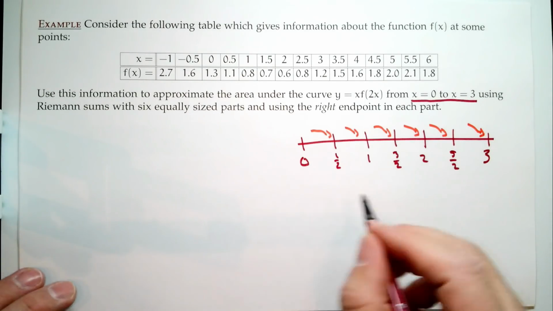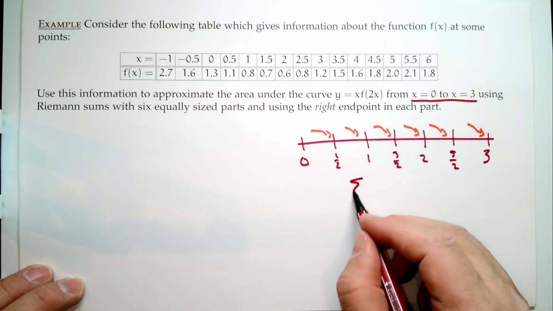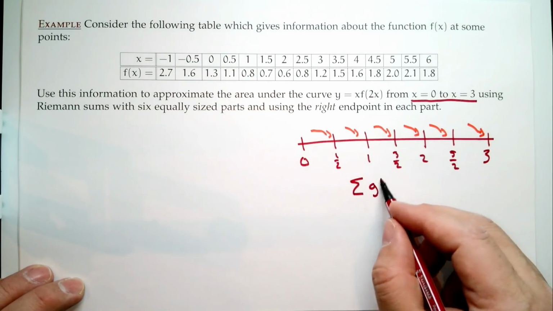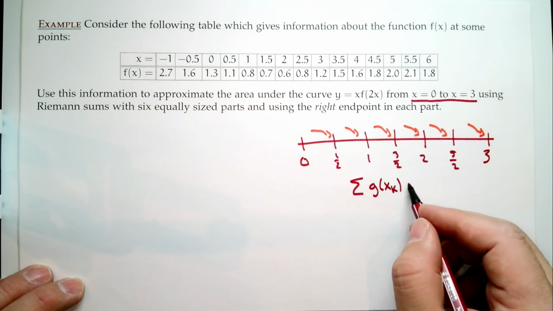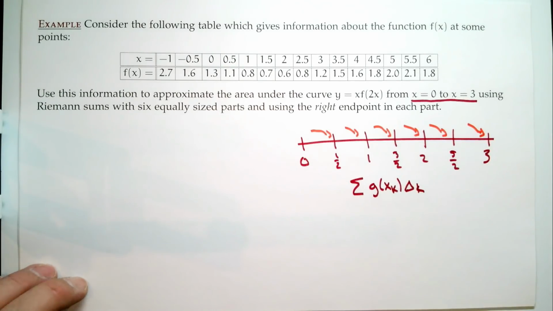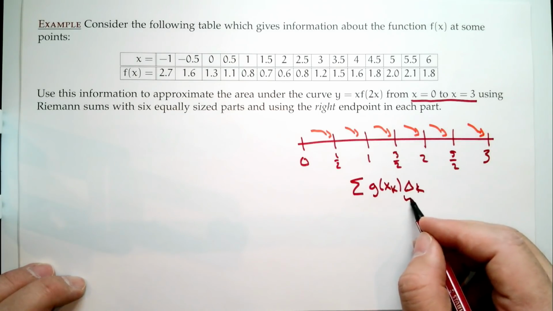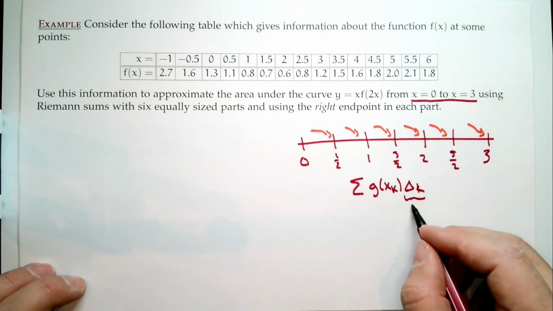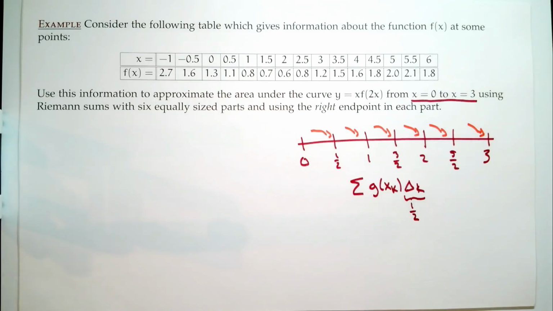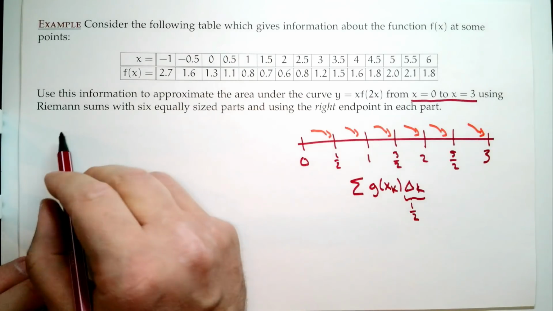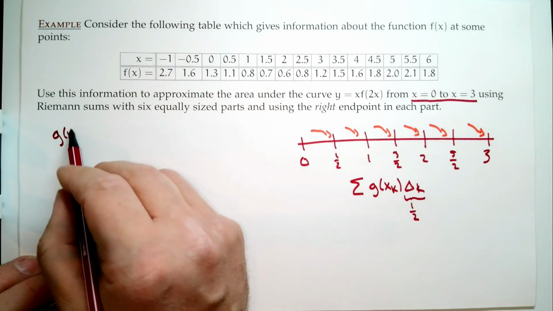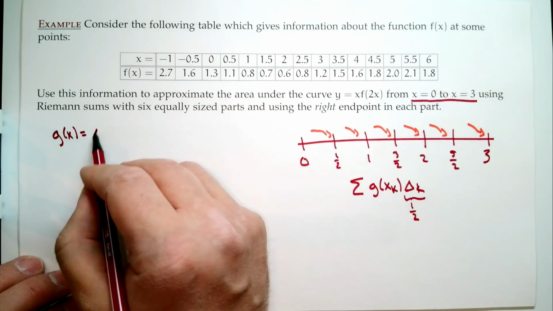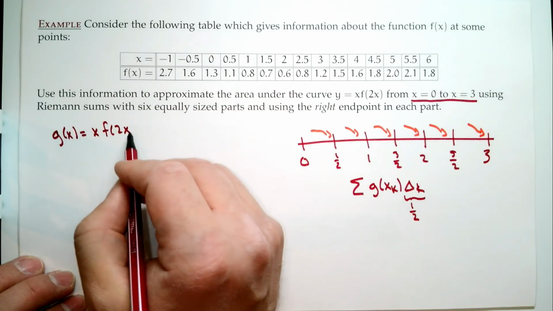So what's a Riemann sum? A Riemann sum says, in general, we're going to take the sum of our function at our points times the widths of the intervals. So we should understand the widths. Well, the widths, because we're equal, all our widths are going to be a half. So we're pretty much rounding the corner. So let's let, for temporary convenience, g of x be equal to x f of 2x.